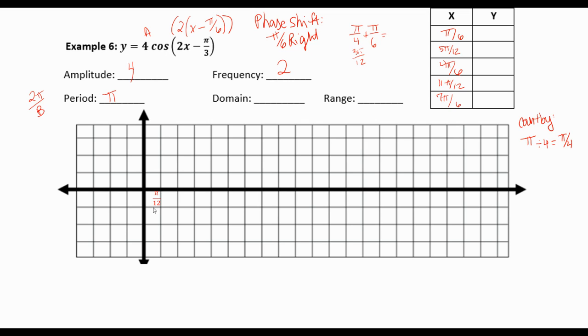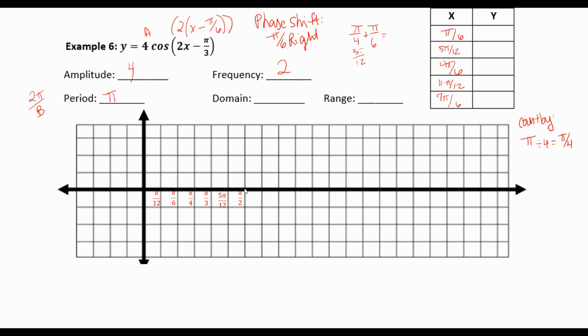Pi over 12 plus another pi over 12 is going to be 2 pi over 12, which is pi over 6. 3 pi over 12, which is pi over 4. 4 pi over 12, which is pi over 3. 5 pi over 12, which is nice because that's a value we need, and that doesn't reduce. Then we have 6 pi over 12, which is pi over 2.